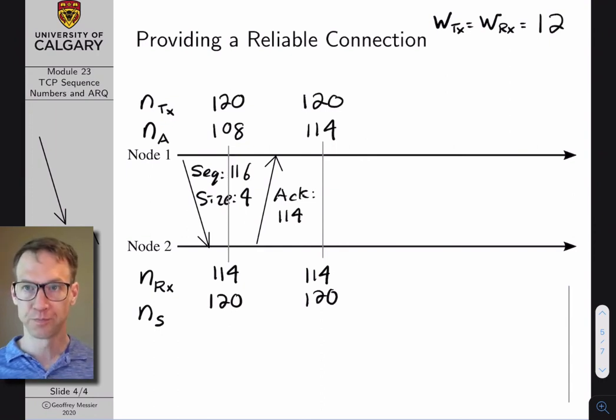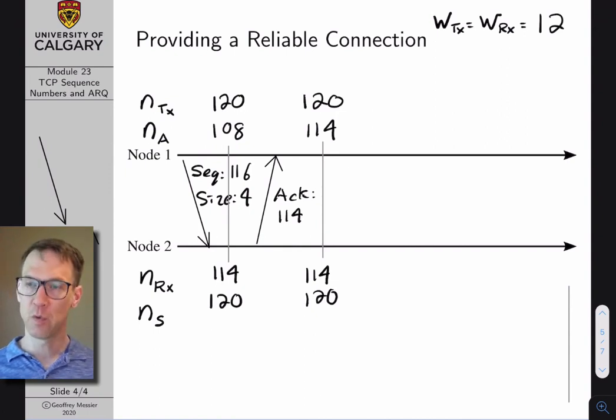Up until this point, the transmitter has sent a segment with sequence number 108, a second segment with sequence number 114, and a third segment with sequence number 116.